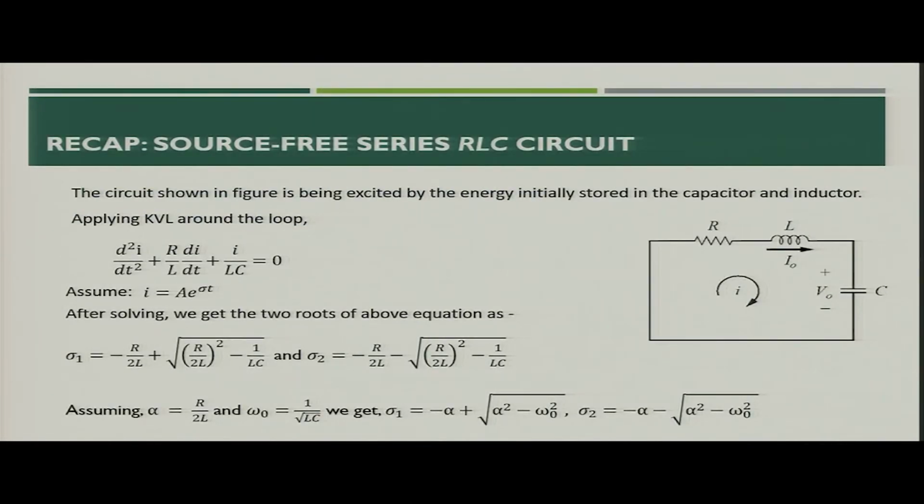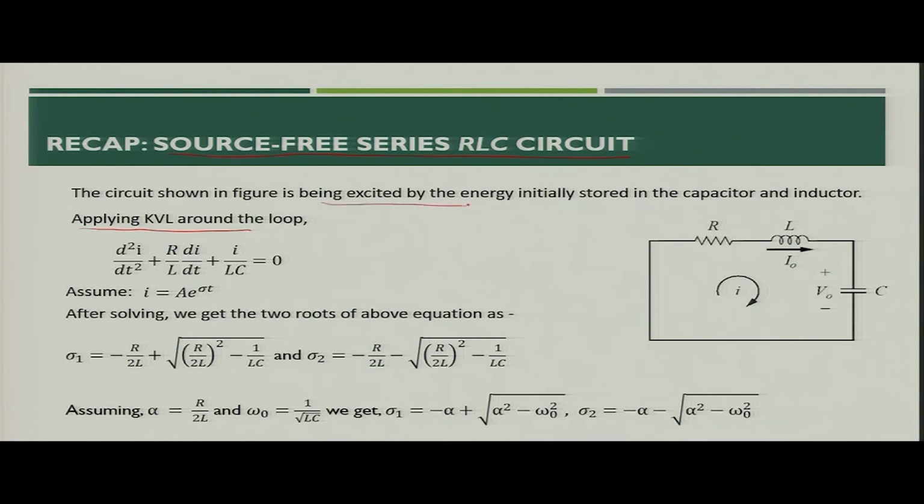Let us first understand what we discussed in the last class. We discussed the source free series RLC circuit, and we mentioned that the characteristic equation we get from Kirchhoff voltage law is of second order in nature. That is why it is called a second order circuit.